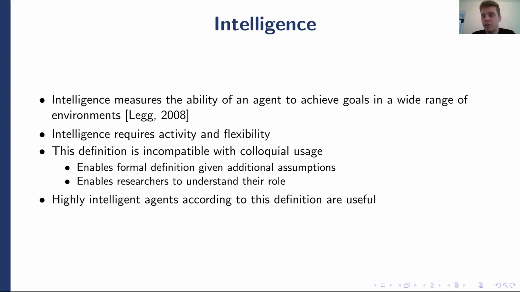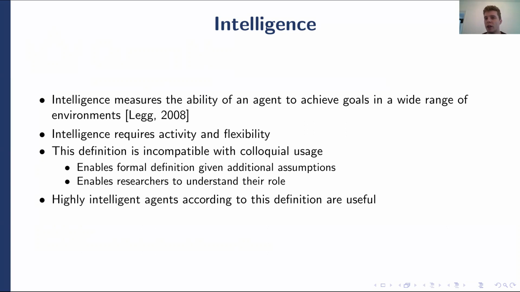Furthermore, this definition also enables researchers to understand their role within the task of developing intelligent systems. For example, if you work on natural language processing, you should be aware that whatever modules you develop have to be integrated into a system that acts in the world at some point for it to be considered intelligent in some way.